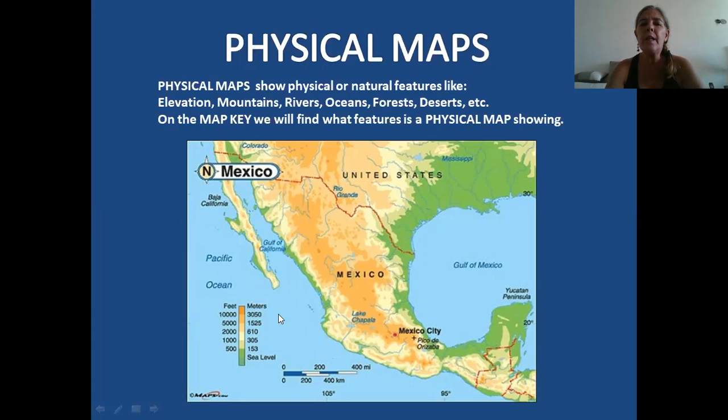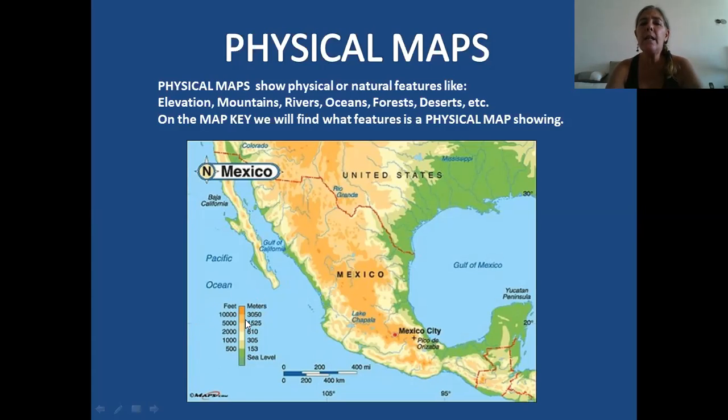Look at this one over here. We have different squares in different colors. On the left, we have the altitudes. So this scale is showing the elevation, the highest points in the country. On the left-hand side, we have them measured in feet. On the right-hand side, we have them measured in meters. That's what the key is telling us.